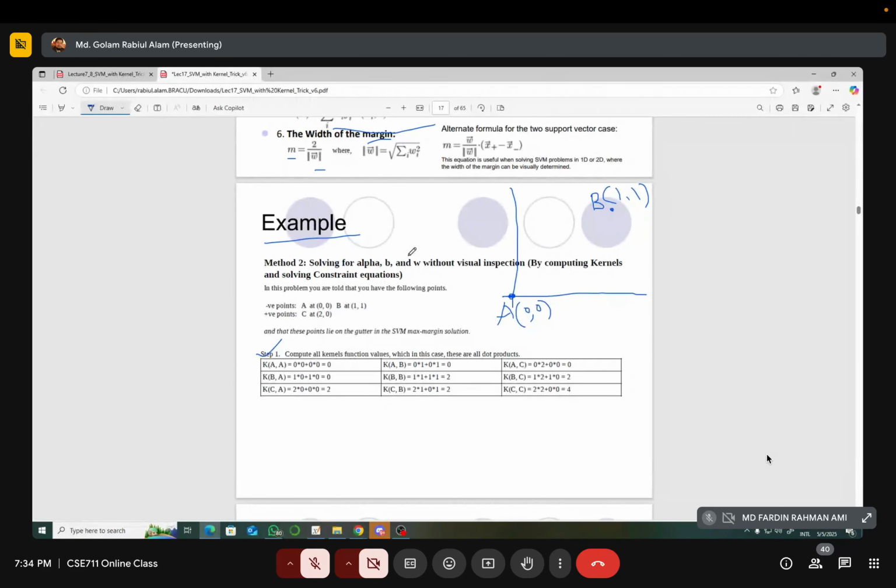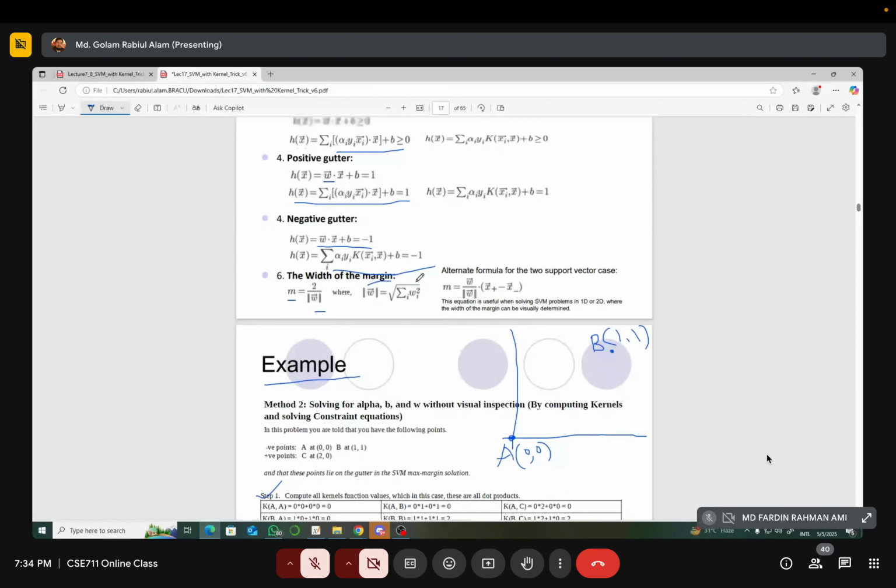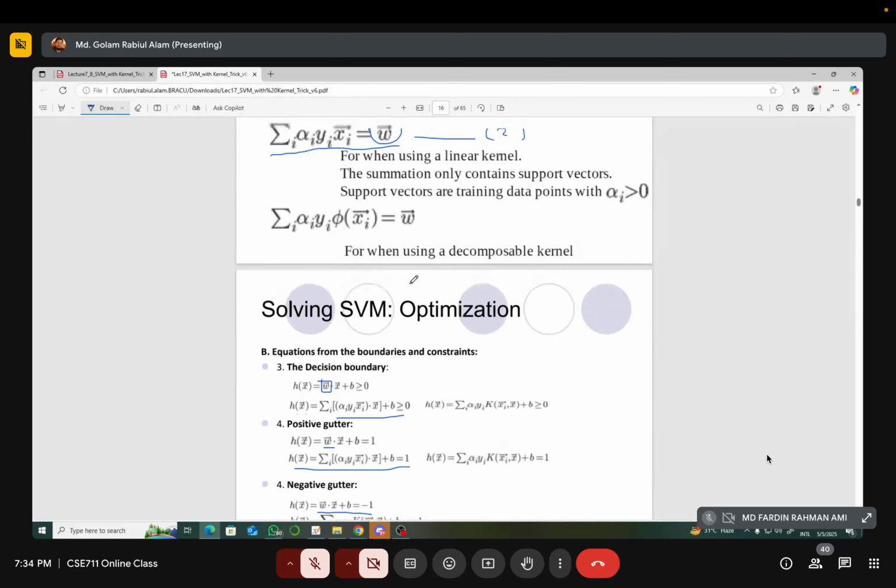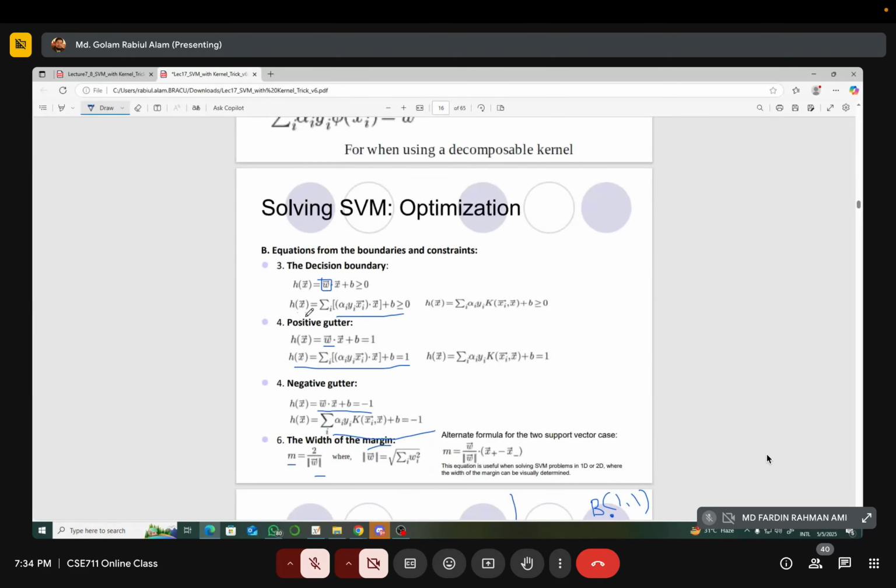It means we can see in our equations, like here, the hyperplane decision boundary. We want to find the decision boundary.